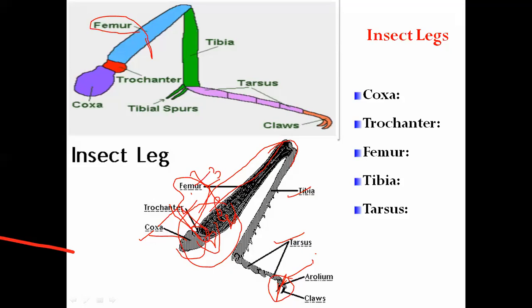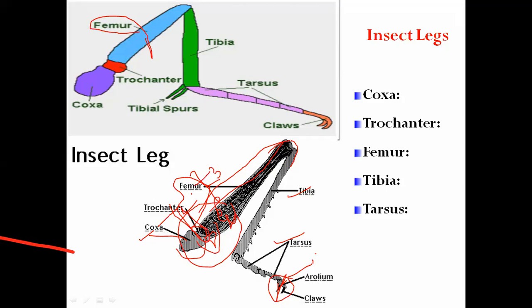There are forelegs, middle legs, and hind legs, these three types of legs present in insects, and the femur is highly developed not in the middle but in the last posterior legs, the hind legs on the insect body. Okay, that is the femur.